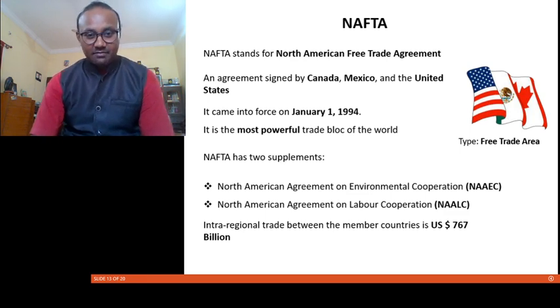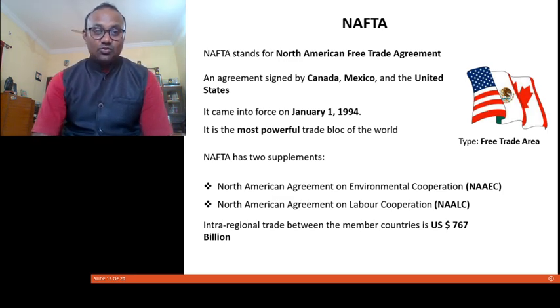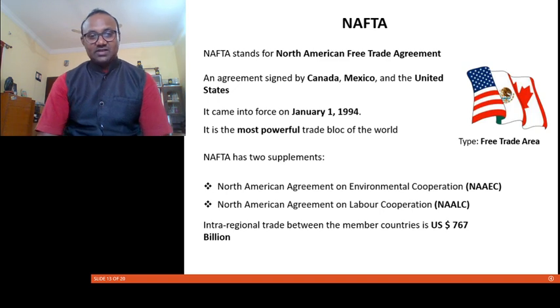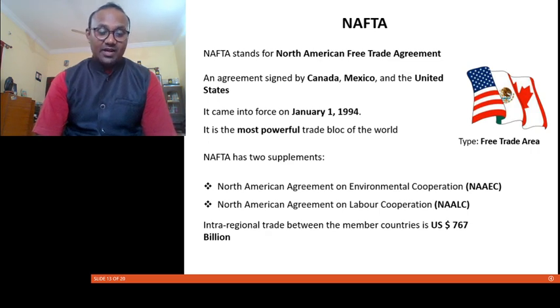And it has two supplementary bodies. You have the North American Agreement on Environmental Cooperation, where member countries also execute their social responsibility and ensure that they are responsible in their commitment of doing business, and also responsible in trying to safeguard the environment and ensure that pollution levels and other degrading activities that endanger the environment are kept under control, right?